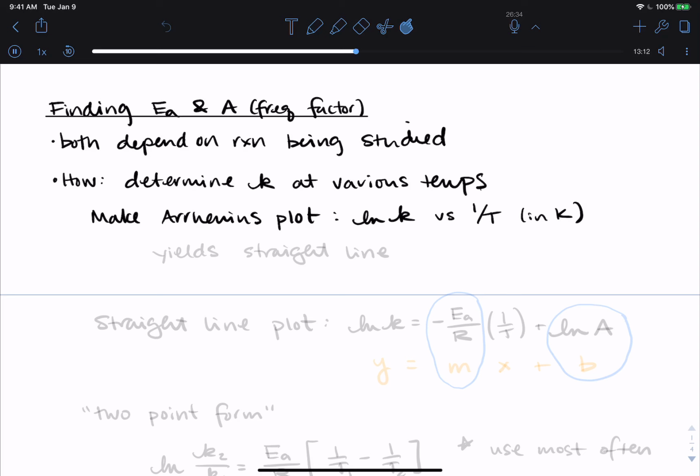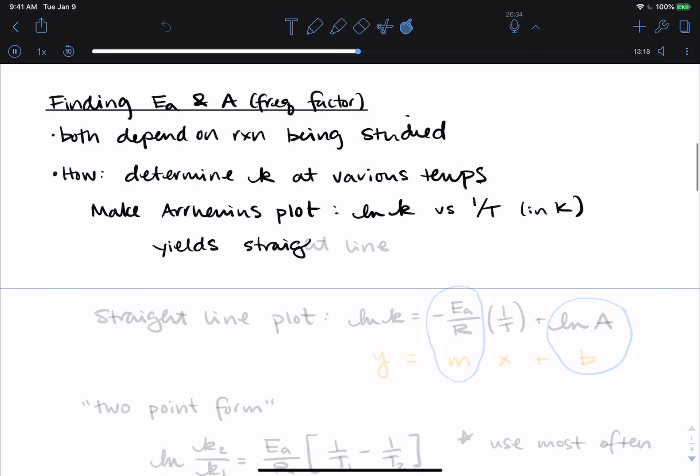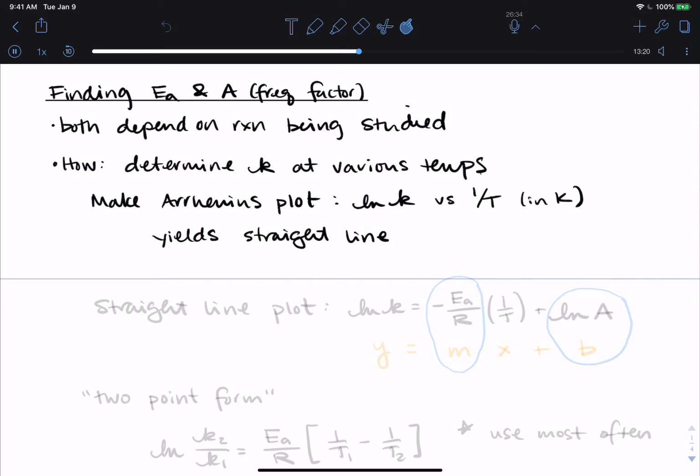And this yields a straight line that hopefully will look a little familiar to you, because it is just a rearranged version of the Arrhenius equation that we had earlier in this video. The straight line plot would have the equation: the natural log of k equals negative Ea over R times 1 over T, plus the natural log of A. Why didn't I just put the T underneath?